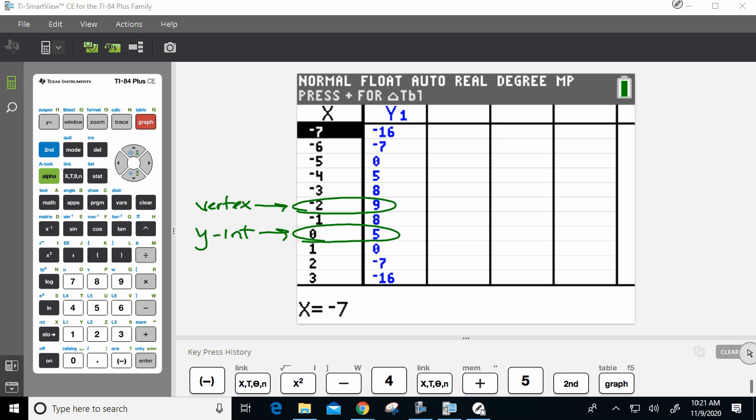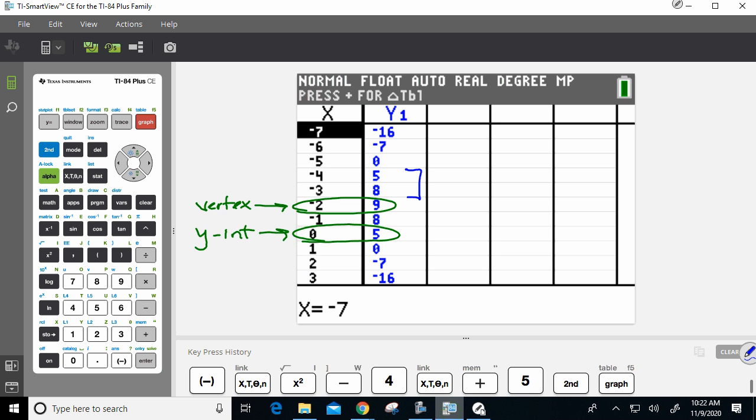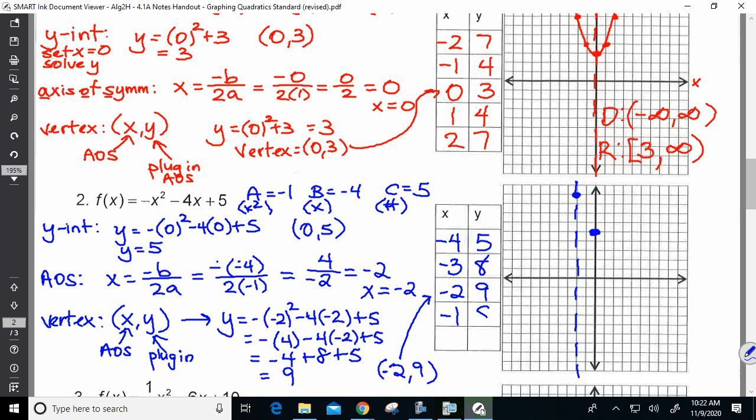You need to pull some more points so that you can make your graph. I'm going to pull (-4, 5), (-3, 8), (-1, 8) and (0, 5). Notice that my y-intercept is a part of my table.